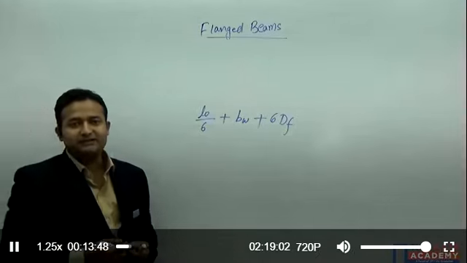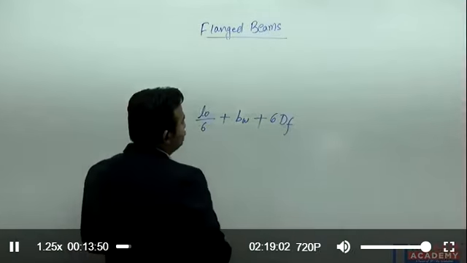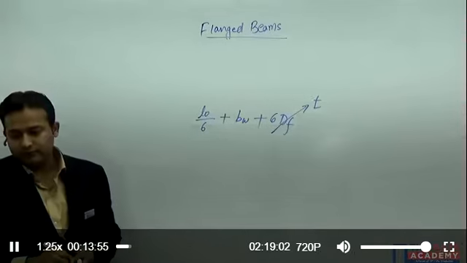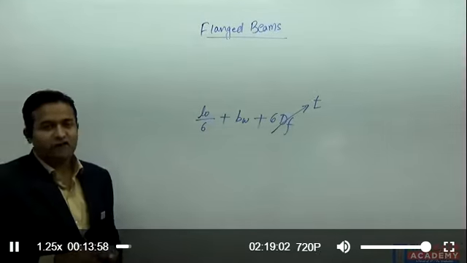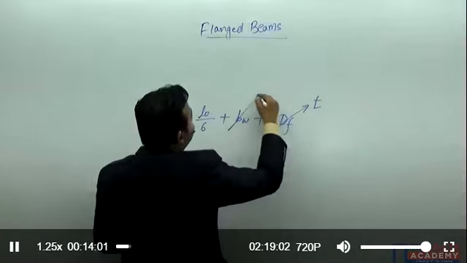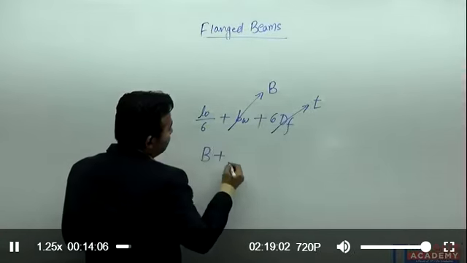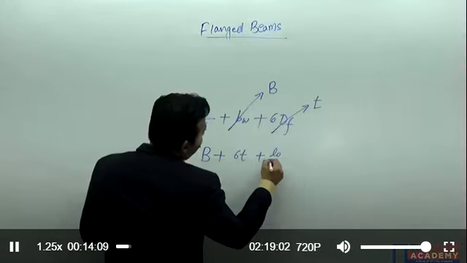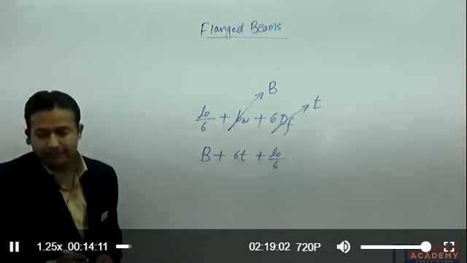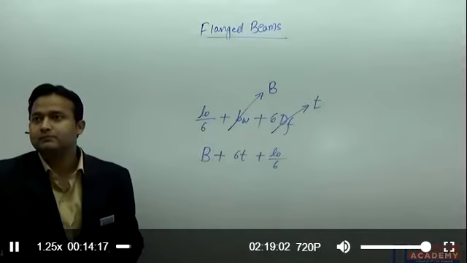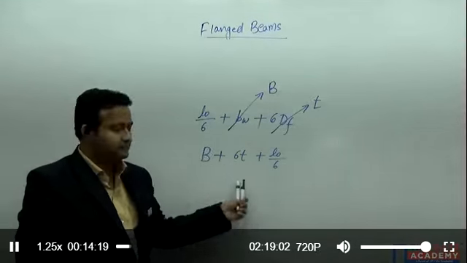The depth of flange is nothing but the depth of slab, so in place of depth of flange I can write T. And the width of web they have given as capital B. So your formula will be B plus 6T plus L0 by 6. So the answer should be D.